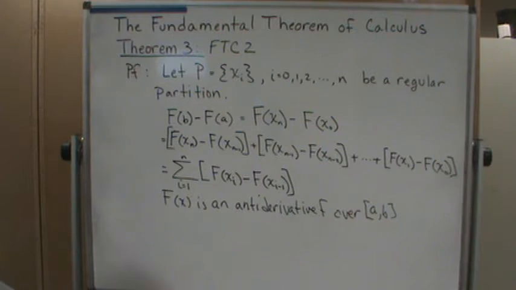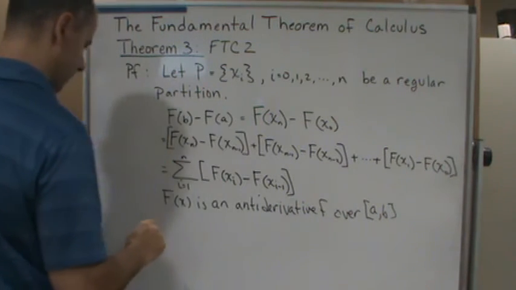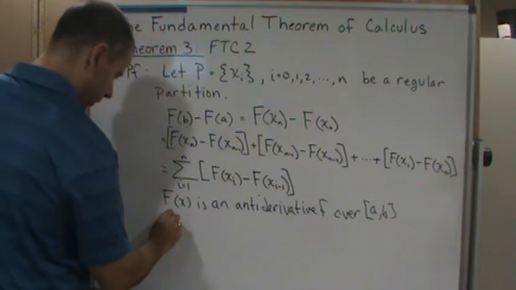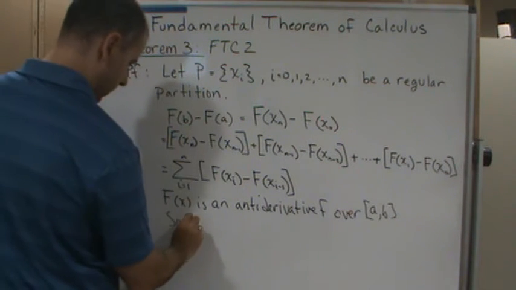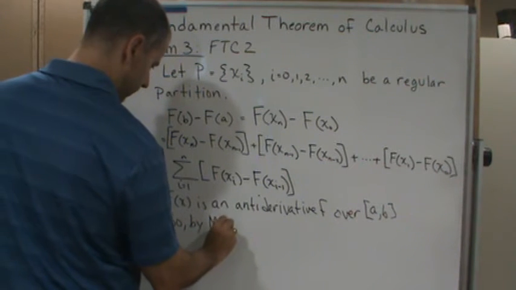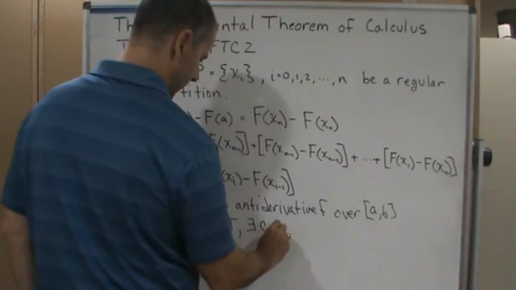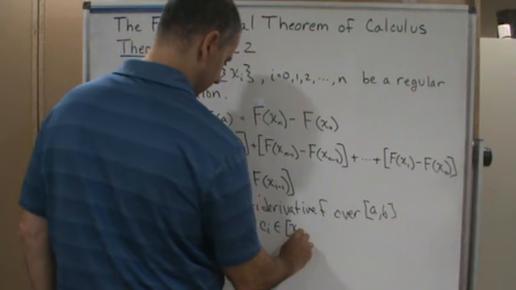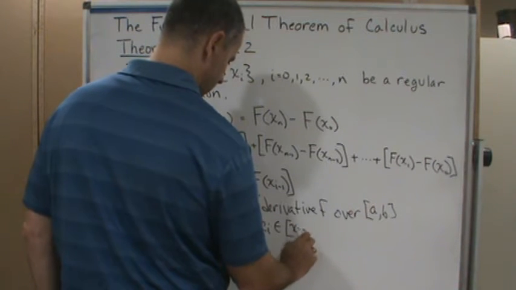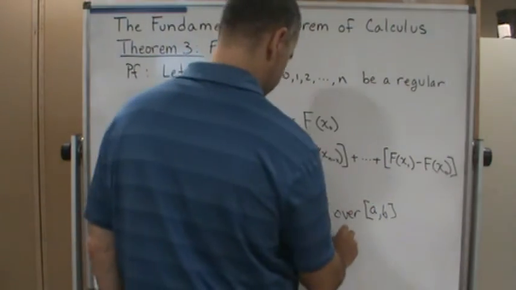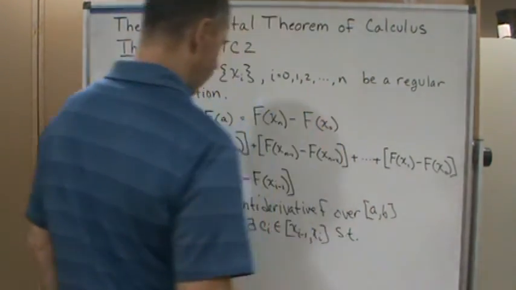Right? So, how do I say this? By the mean value theorem, there exists c sub i in the interval x sub i minus 1, comma, x sub i, such that, what?